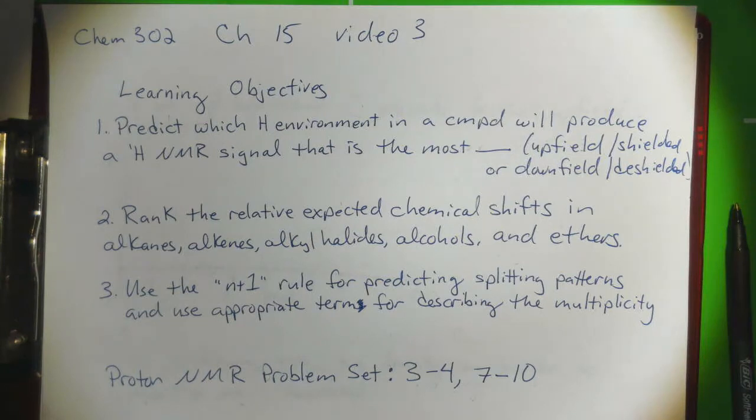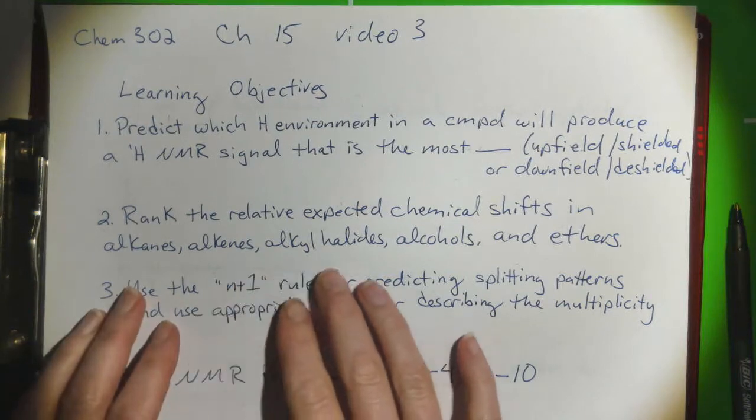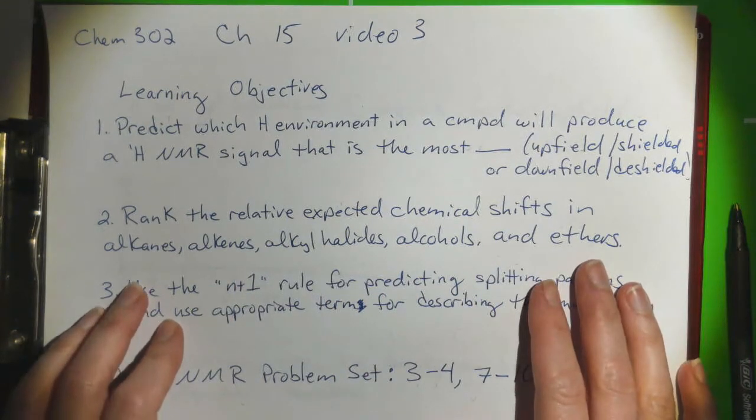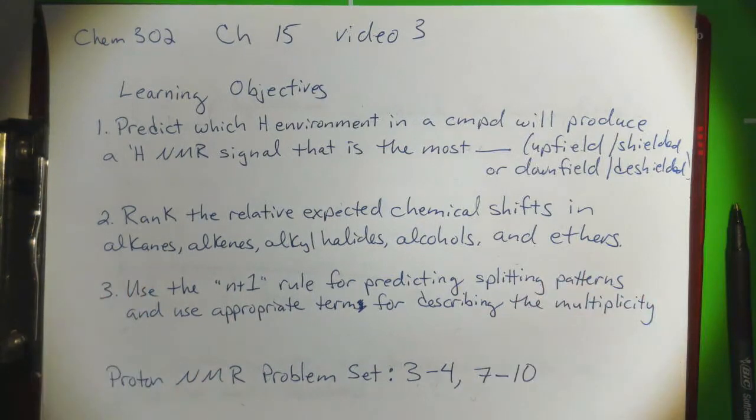And then you should be able to rank the relative expected chemical shifts in alkanes, alkenes, alkyl halides, alcohols, and ethers. So these are all families of organic compounds that you saw in 301. We will add in some other families as we progress further in the textbook.